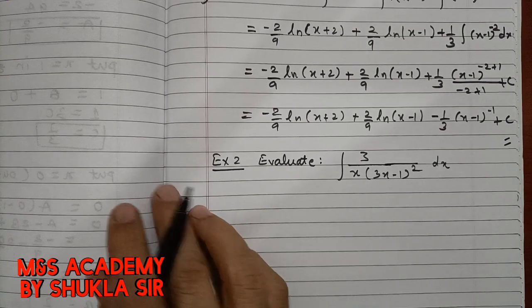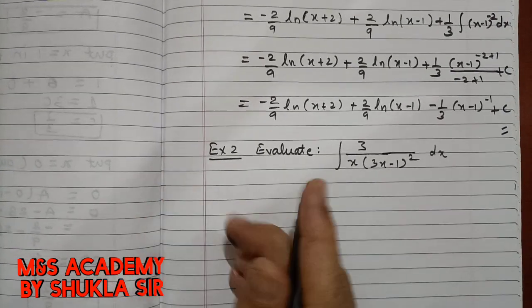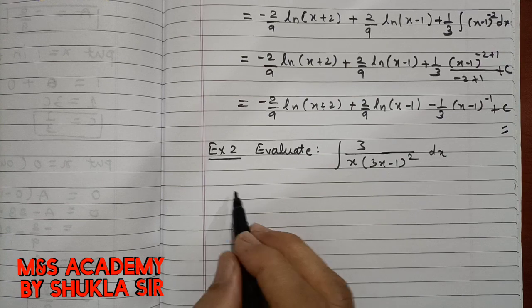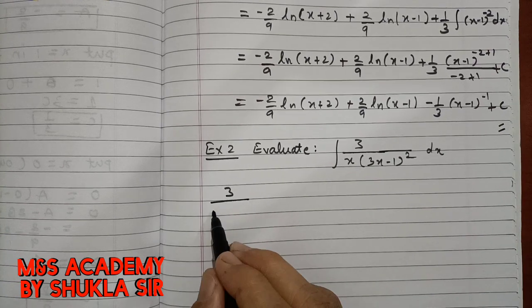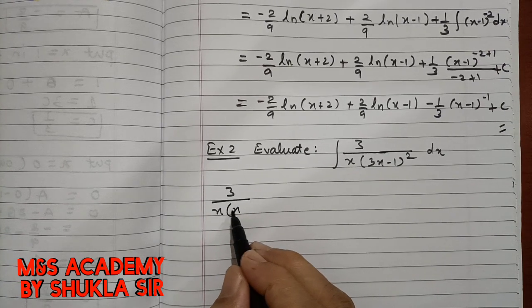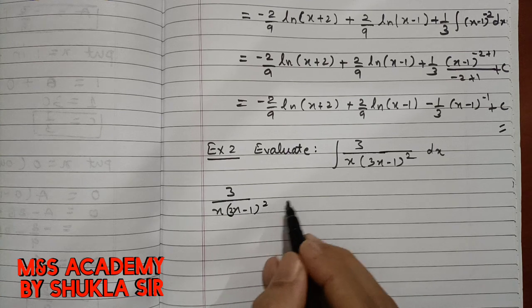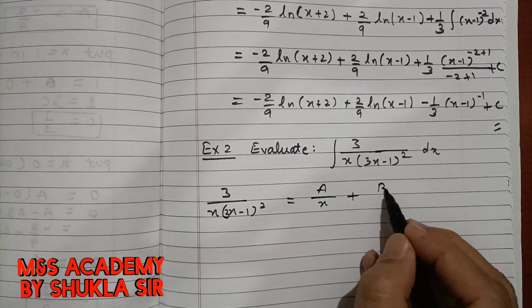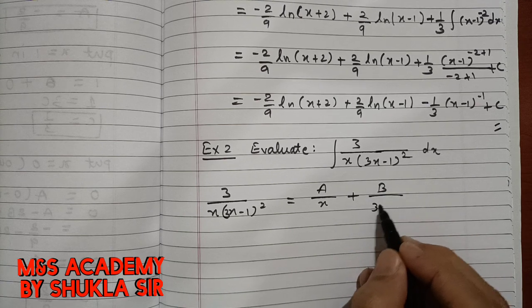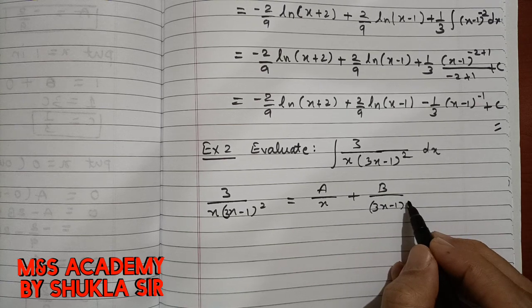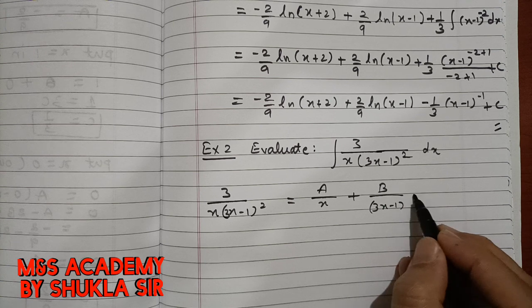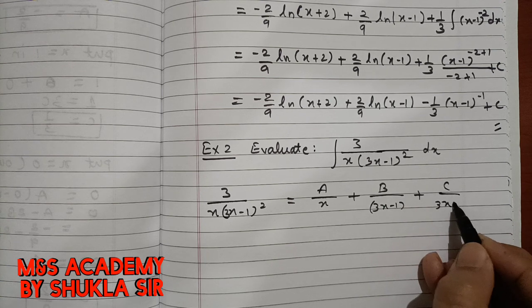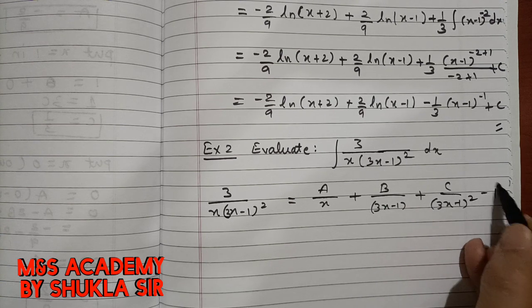So obviously first we need to write the partial fractions. So 3 by x(3x minus 1) the whole square is equal to a by the first factor, plus b by (3x minus 1), not whole square, one time, plus c by (3x minus 1) the whole square. This is equation number 1.